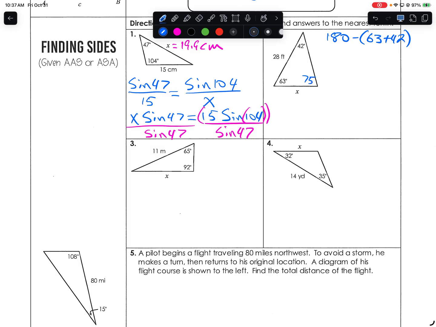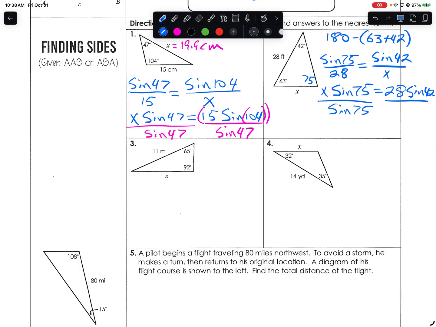Then to set it up, we just go sine 75 over 28 equals sine 42 over x. So we get x sine 75 equals 28 sine 42. Divide by sine 75 on both sides and throw that in the calculator. It's literally all you have to do.